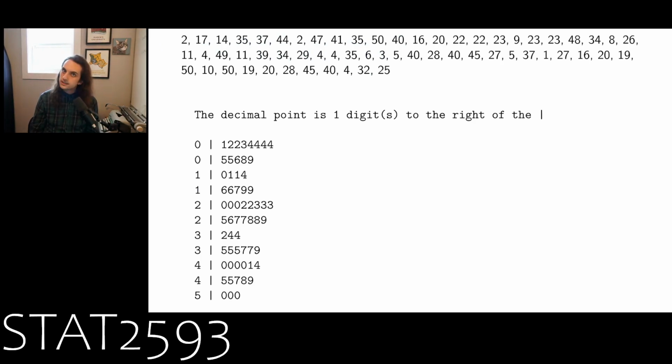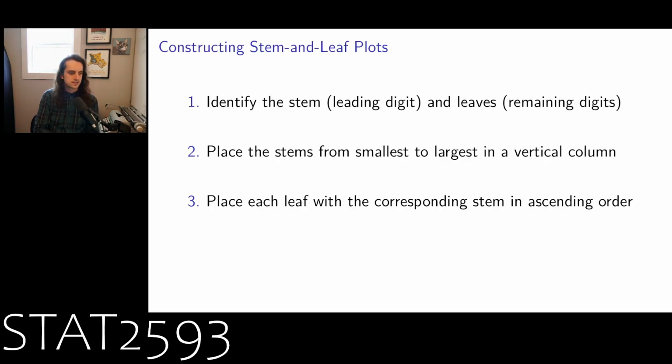So we can scan down the side here and we can see that there looks to be approximately evenly distributed numbers, right? There's no gaps that we're noticing. There's a few places, so say the low 30s have fewer observations in it than some of the other spots. But for the most part, you can see it's pretty evenly distributed here. And it's a lot harder to tell that if you're just looking at the list of numbers. So that's the goal with a stem and leaf plot.